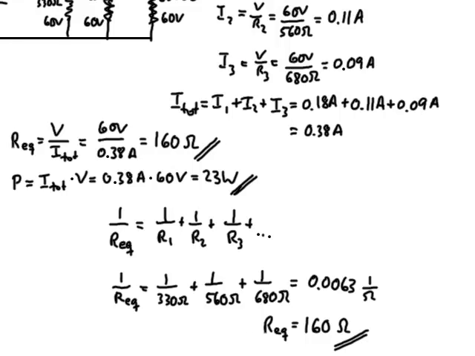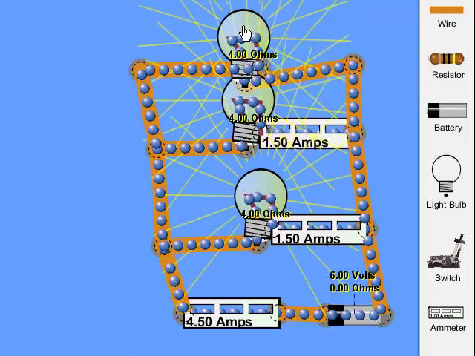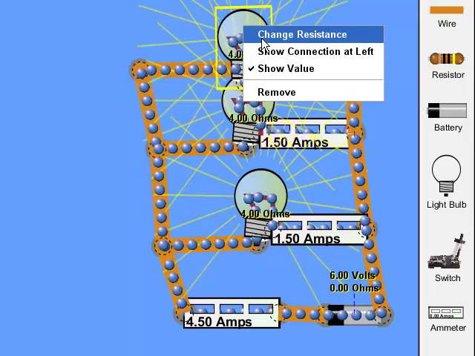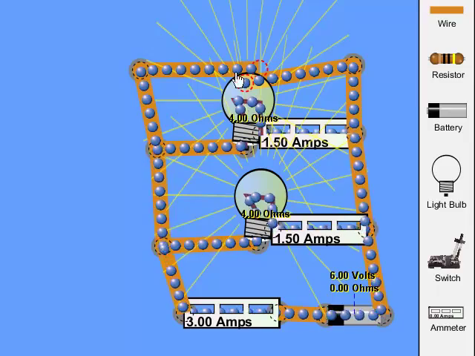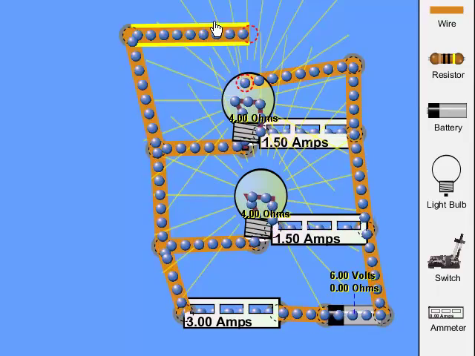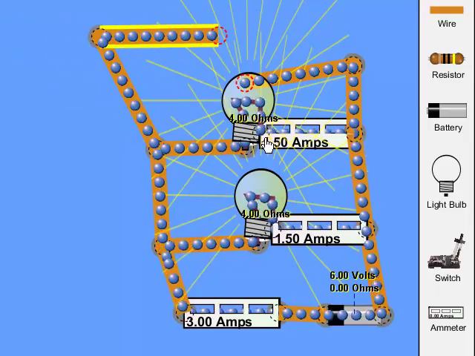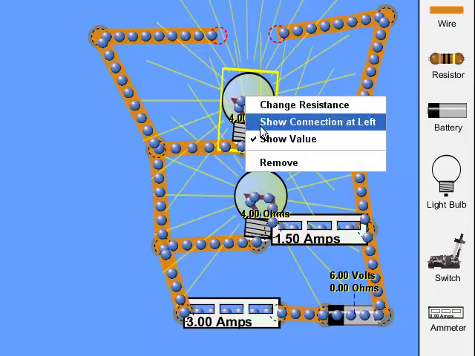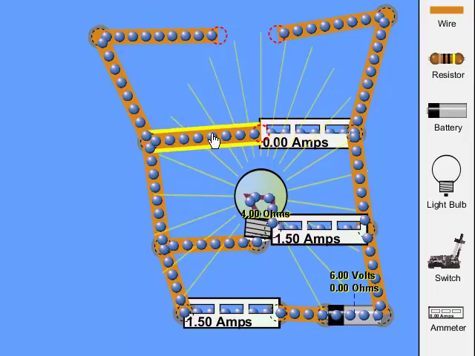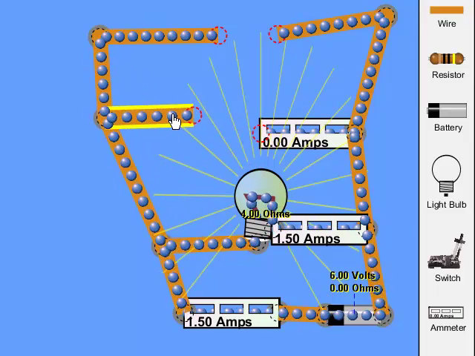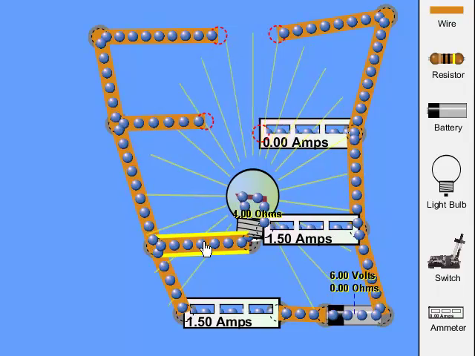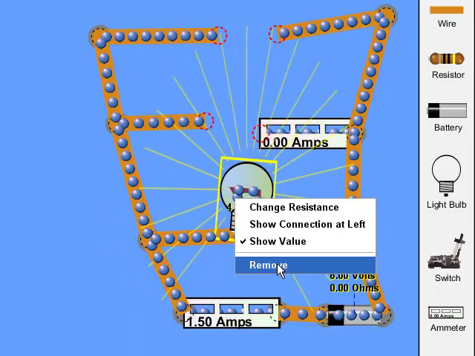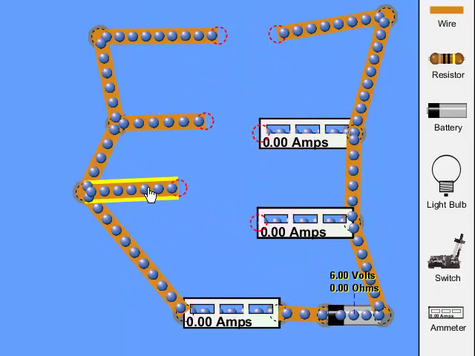Okay, let's look at the simulation. On this one here, I'm going to remove the light bulbs. It always wants to hook up to this one here. There we go. Oh yeah, I have to remove that light bulb there first.